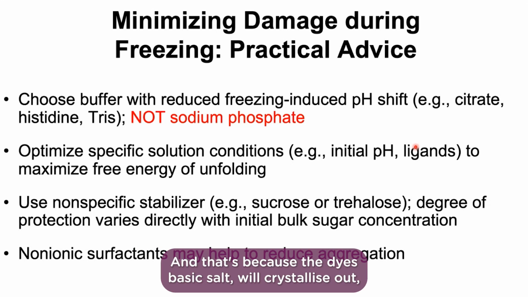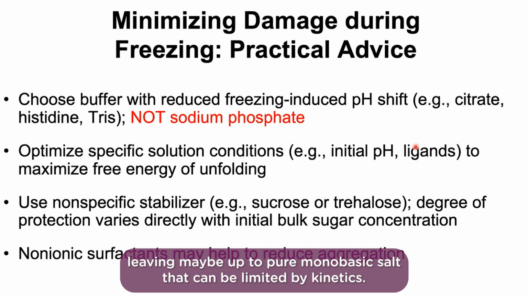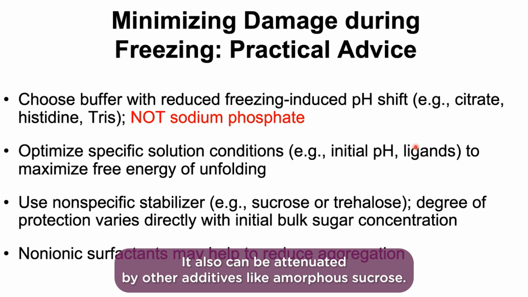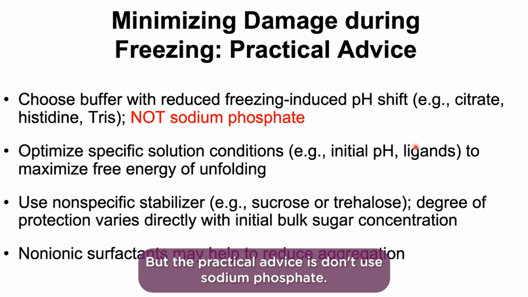And that's because the basic salt will crystallize out, leaving maybe up to pure monobasic salt. That can be limited by kinetics. If you cool and warm quickly enough, it might not happen. It also can be attenuated by other additives like amorphous sucrose. But the practical advice is don't use sodium phosphate.